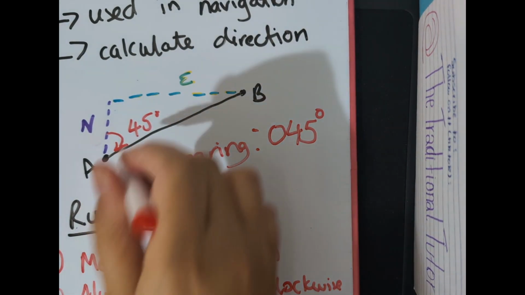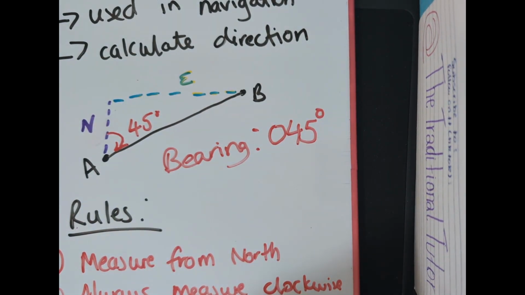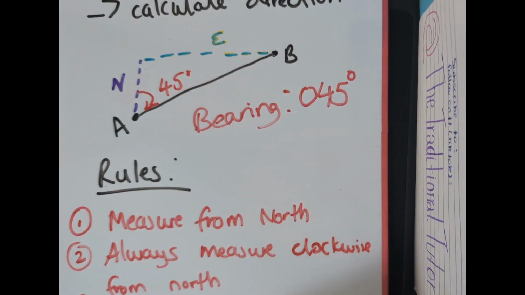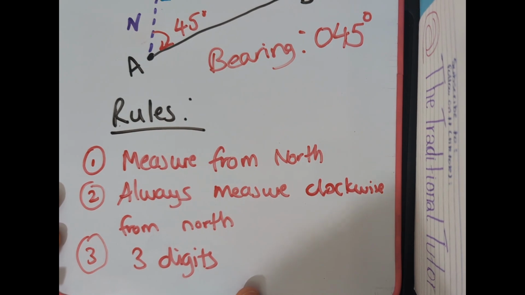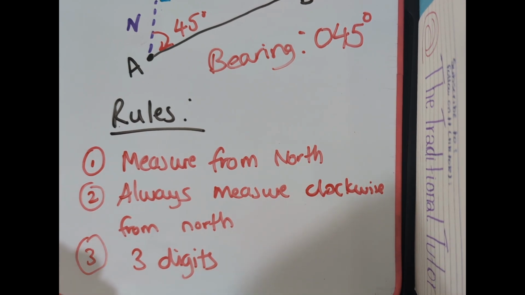We can't just write it as 45 degrees. That's just how bearings work, so we've got to always remember that. So you can take a picture of this, or write it down in your notepad, but these are the 3 main things that we're working with and remembering to take away from this video. Now we're going to head over to looking at some examples of how I can actually measure my bearings with my protractor.